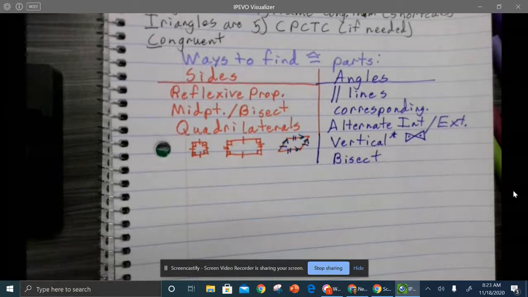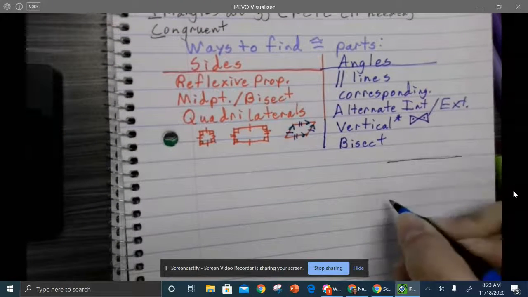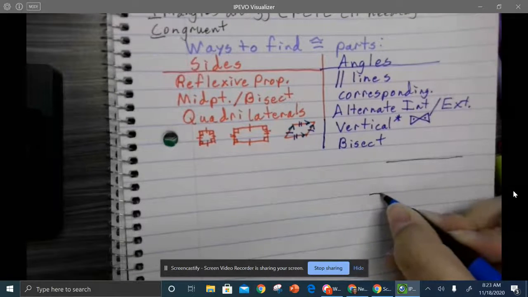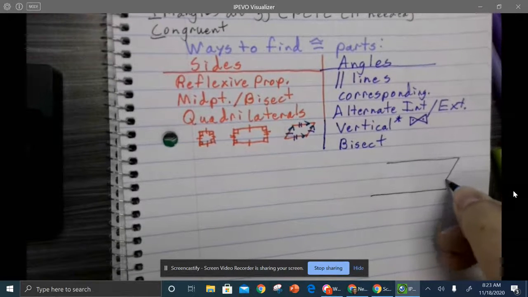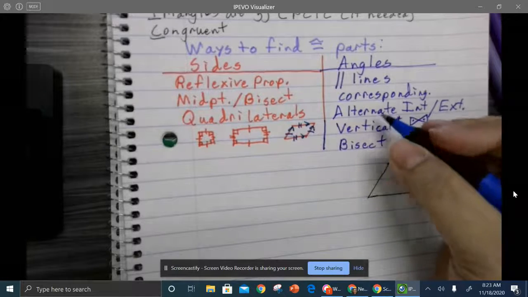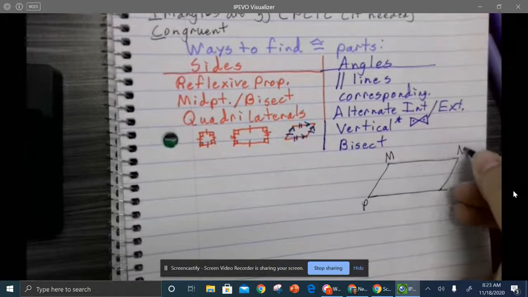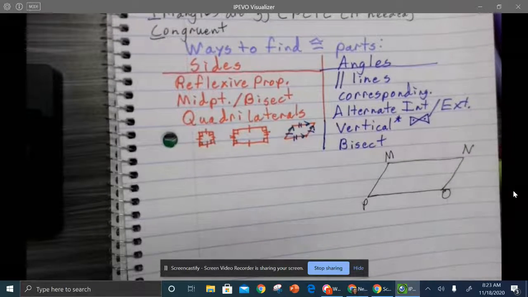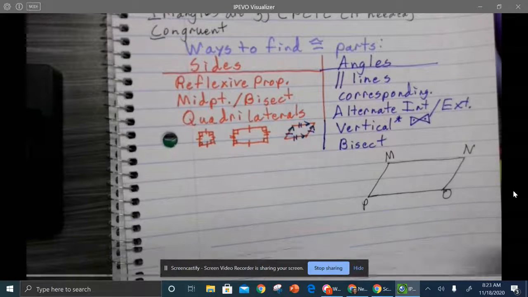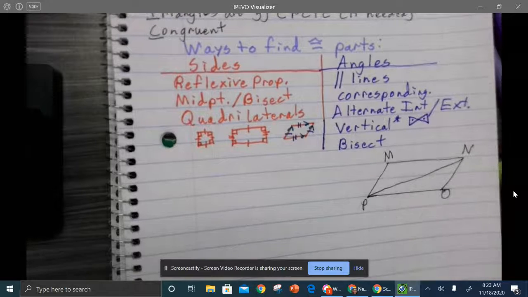So let's do one. I'm going to draw a parallelogram, MNOP, and then a diagonal going across.